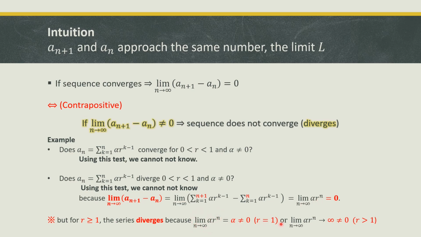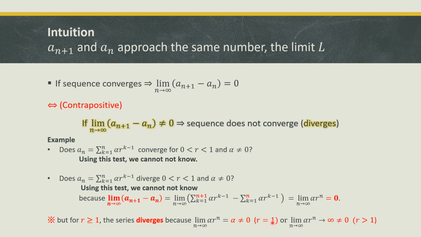If r equals 1, if you substitute r equals 1 there, then what you get is alpha. And alpha is not 0 from the condition here. And because it's not 0, then it diverges. So it diverges if r equals 1.